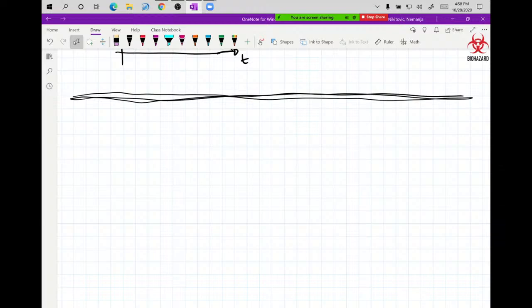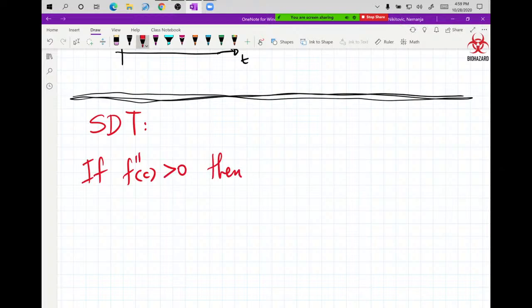Okay, so now let's take a look at the second derivative test. The second derivative test says if the second derivative at your test point c is bigger than 0, then f of x is concave up around x equals c.